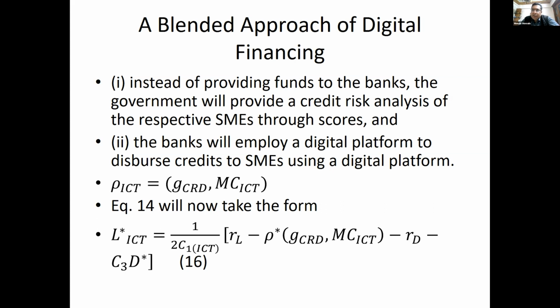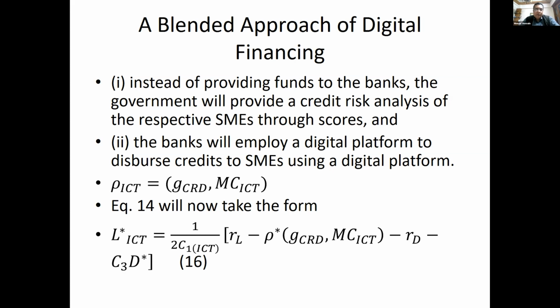The reason is that it involves some cash out, cash in fees and other things. So it may not involve the personal transaction cost. Definitely it would be lower because it does not need banks to send officials to borrowers and to monitor them. It definitely reduces the monitoring cost of the banks.